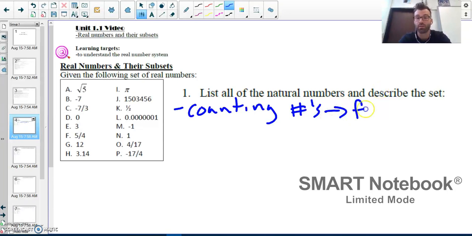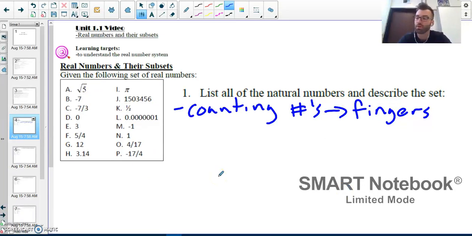The numbers you can count on your fingers. It's our smallest subset within our real numbers. In this box, throughout the year, we're going to ask you to pause the video. So I want you to pause the video and write down the counting numbers or the natural numbers that you see here, the ones you can count.